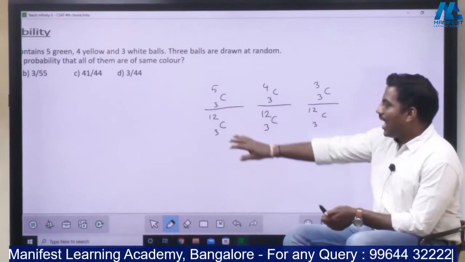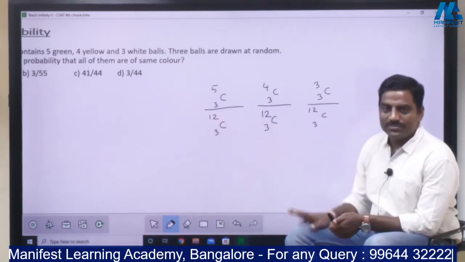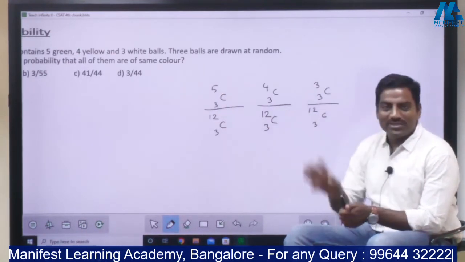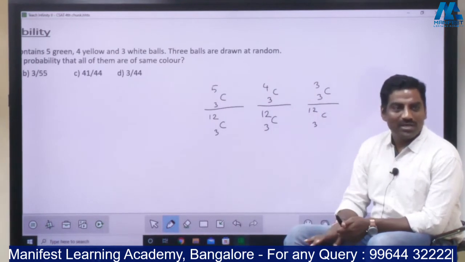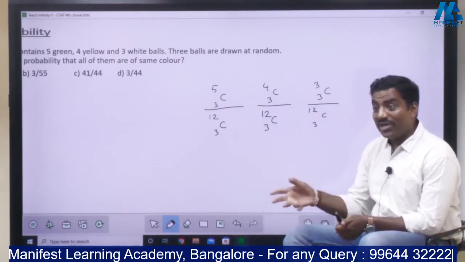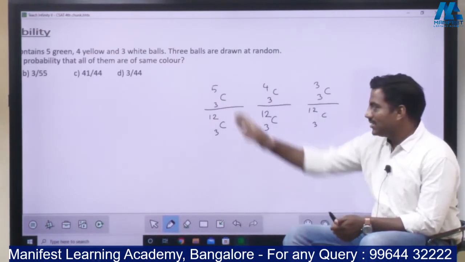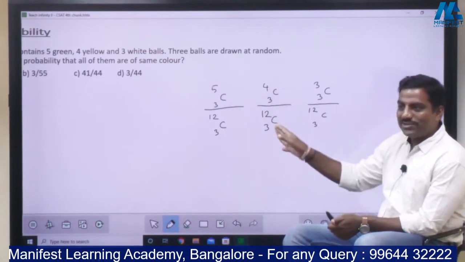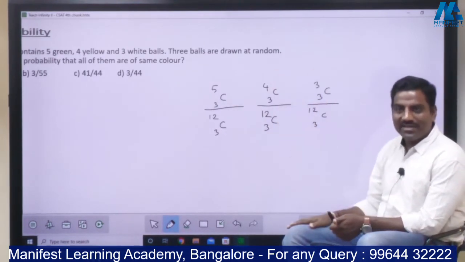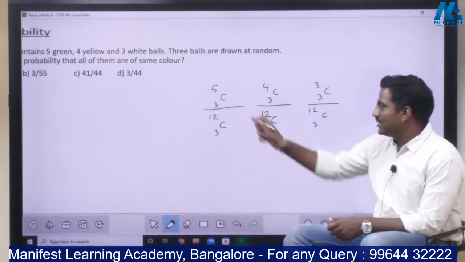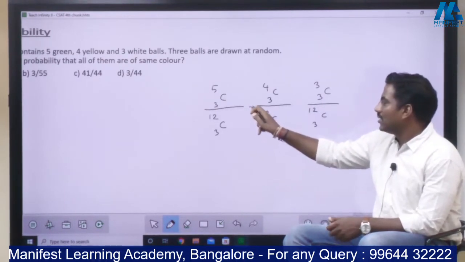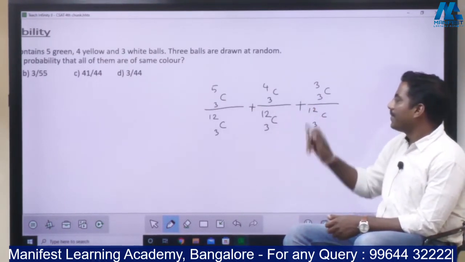See, I had to choose 3 balls. I have chosen 3 balls, yes or no? My job is the same, but there are different cases. This is case 1. This is case 2. This is case 3. When we have different cases, correct?